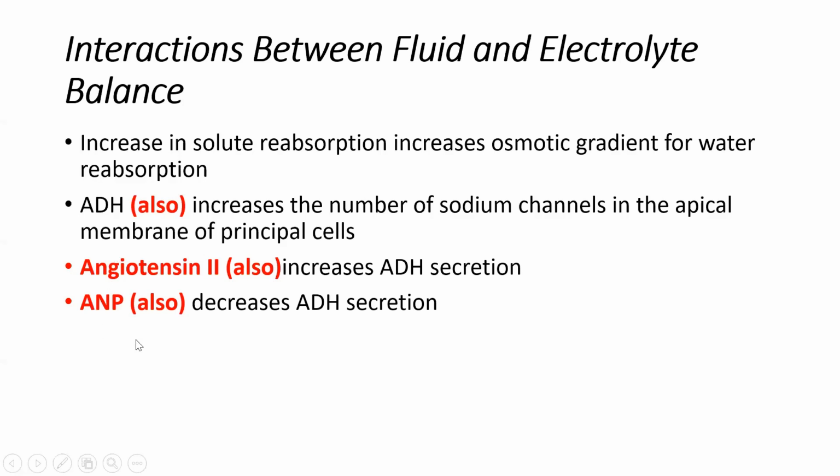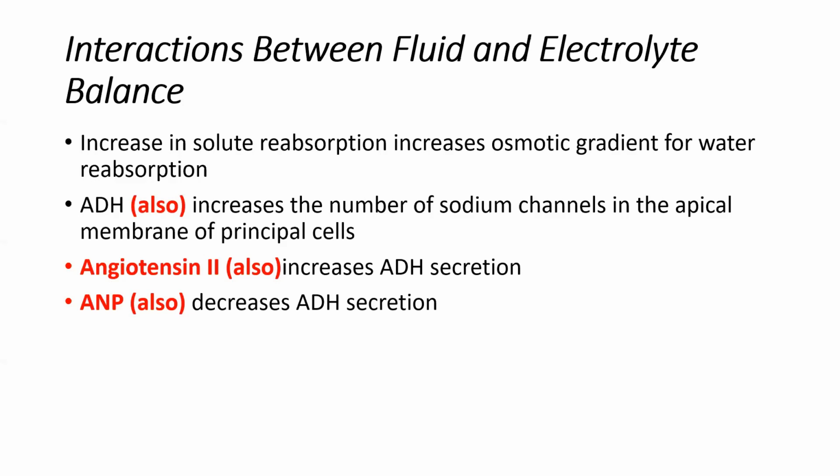Likewise, angiotensin 2 and ANP, their main role was for sodium balance, for sodium regulation. We talked about angiotensin 2 as increasing sodium reabsorption, and we talked about ANP as decreasing sodium reabsorption. But they also have a role to play in ADH secretion as well.